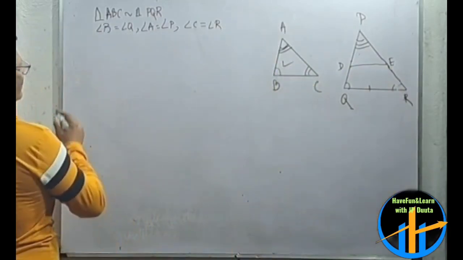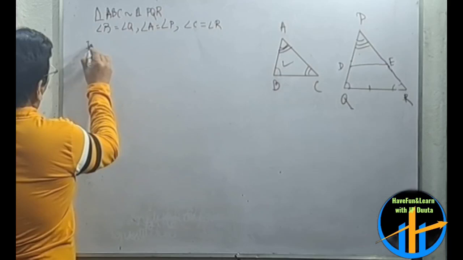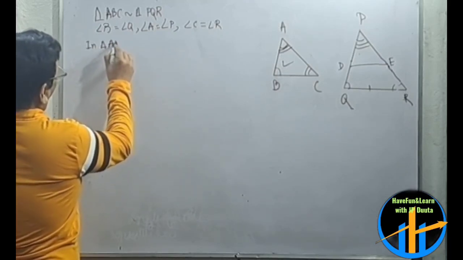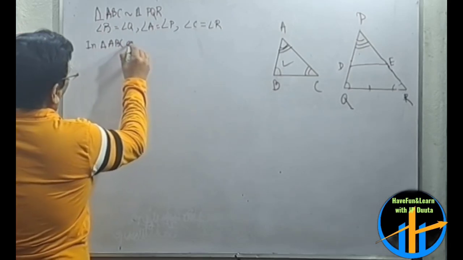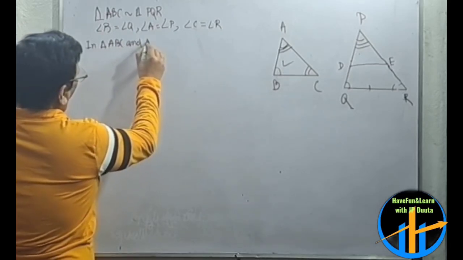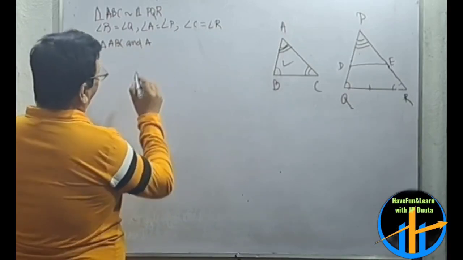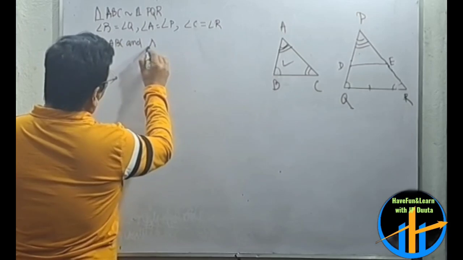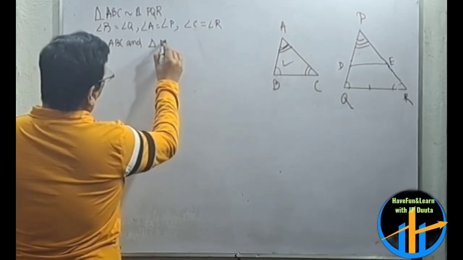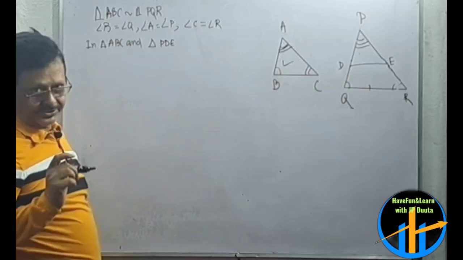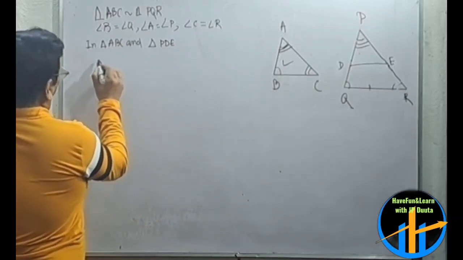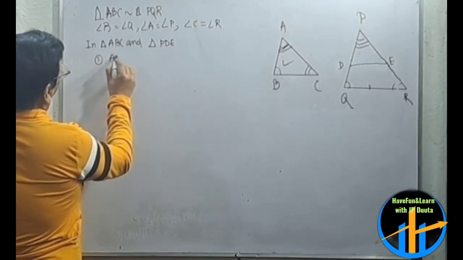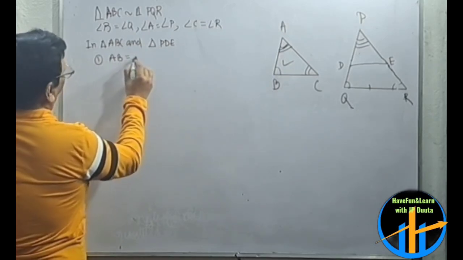Now see what we have done. In triangle ABC and triangle PDE, this is by construction. Correct? One, AB is equal to PD.